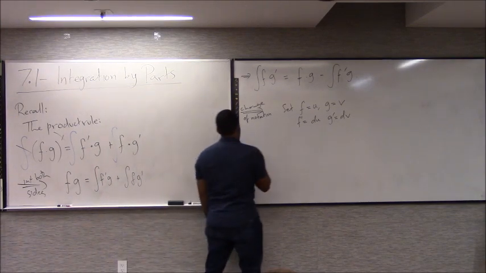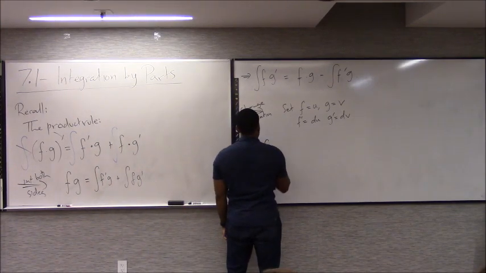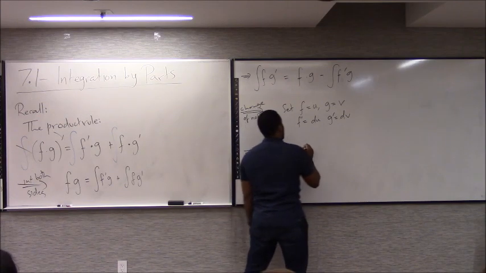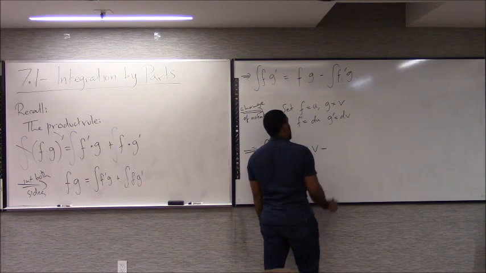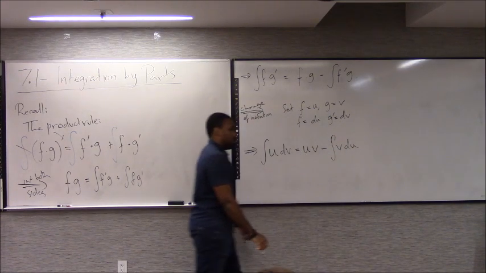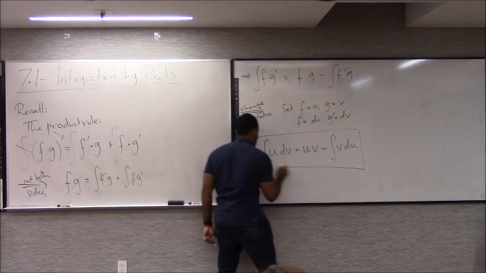But then we would end up with the following formula. The integral of u dv is equal to u times v minus the integral of v du. This, my dear friends, is the integration by parts formula.